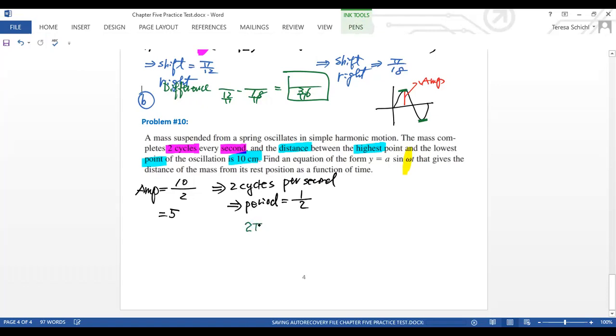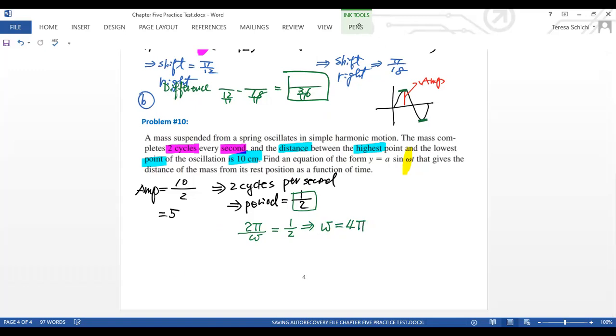It's 2 pi divided by that constant w. This is how we define the period. So this is equal to 1/2. Okay, so what is my w equal to? You do a cross product. w equals 4 pi here.